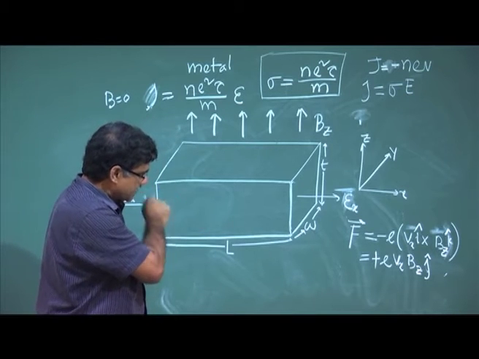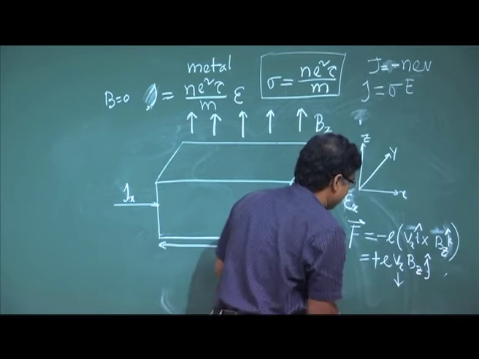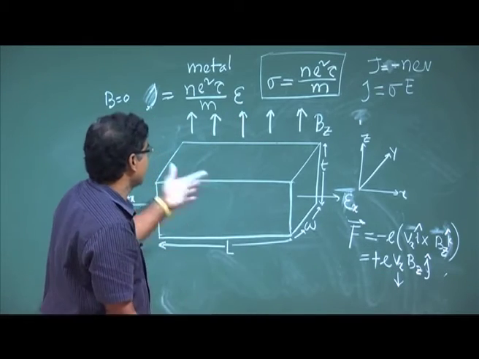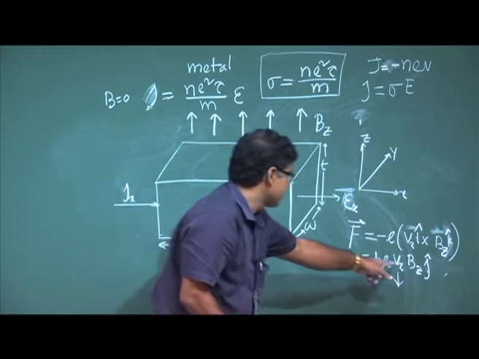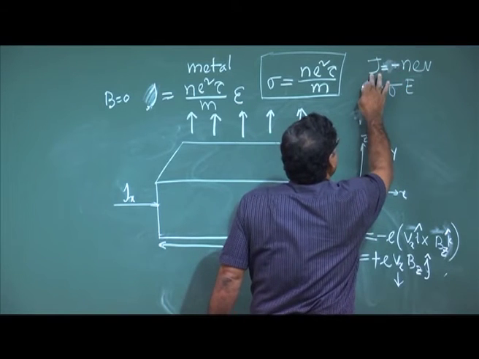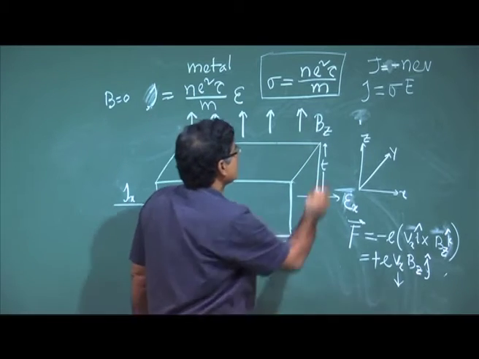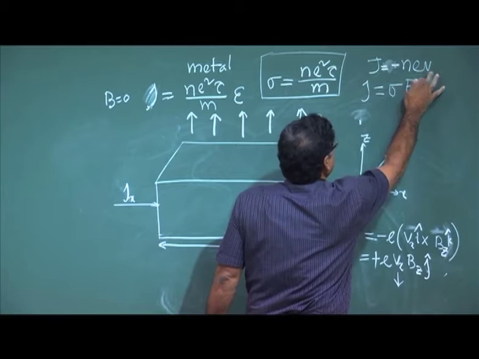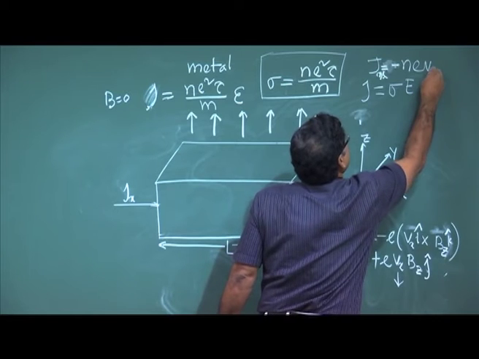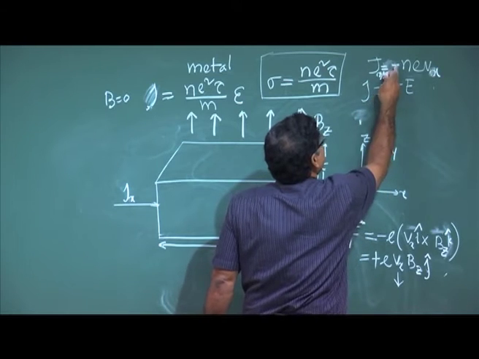But the problem is that I cannot say, because I have to know what is the direction of V. So, I have to get rid of this V from this expression. From here I can get J equal to minus n e V, so J_x and this is V_x. So V_x is J_x by n e, with the minus sign.